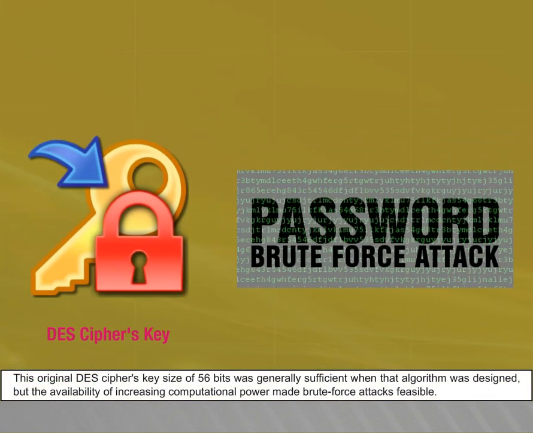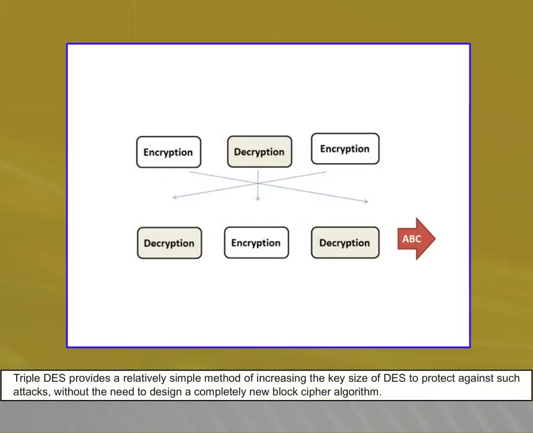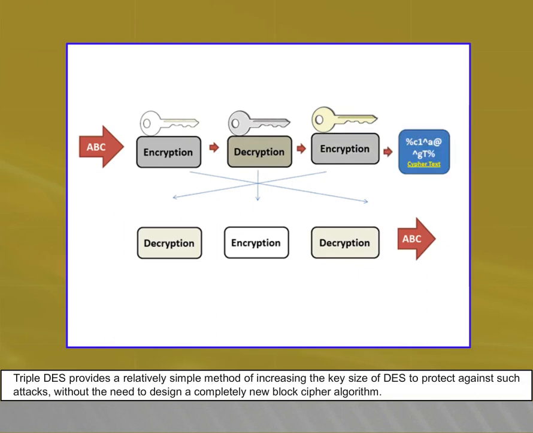The original DES cipher's key size of 56 bits was generally sufficient when that algorithm was designed, but the availability of increasing computational power made brute force attacks feasible. Triple DES provides a relatively simple method of increasing the key size of DES to protect against such attacks without the need to design a completely new block cipher algorithm.